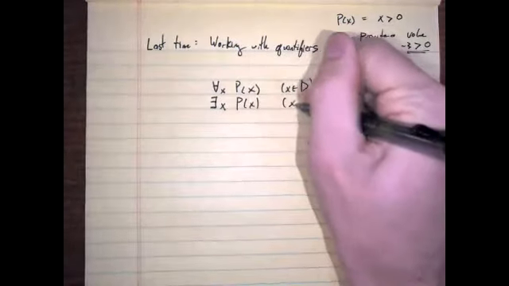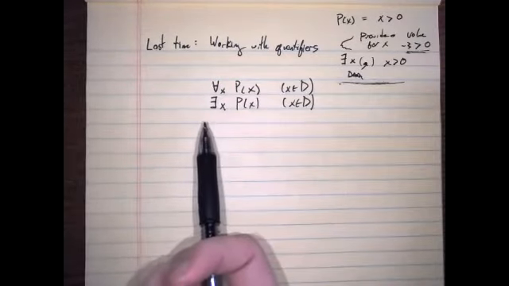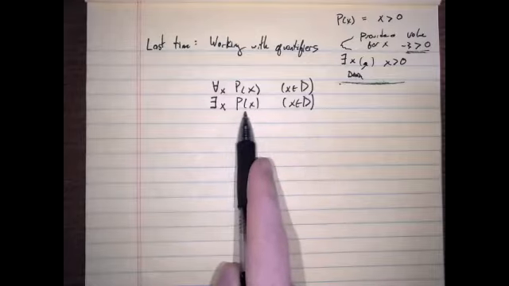We also talked about the existence quantifier. There exists an x in D such that P of x. When is this proposition true and when is it false? It's true when there are one or more values of the domain such that P of x is true.